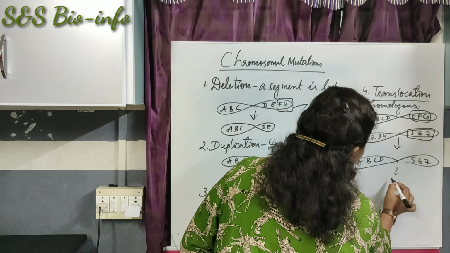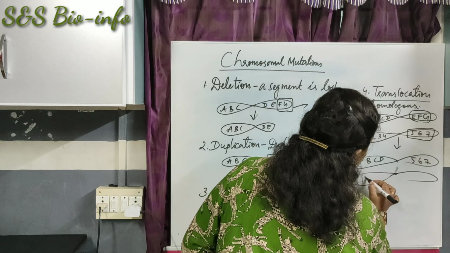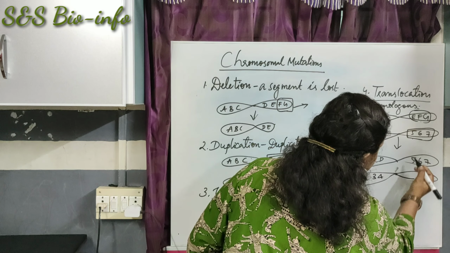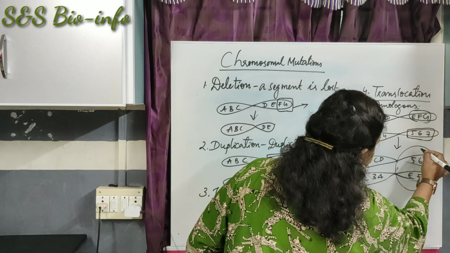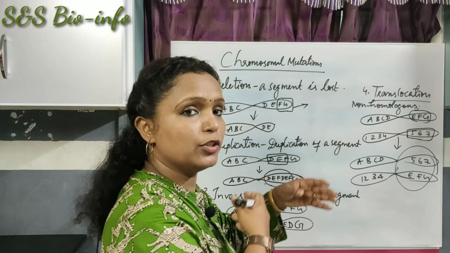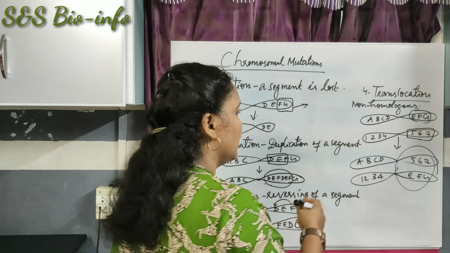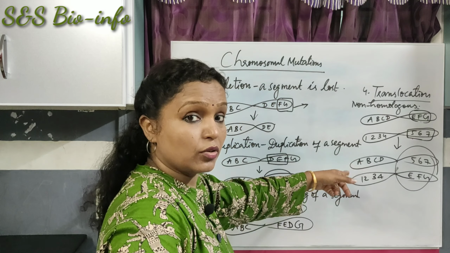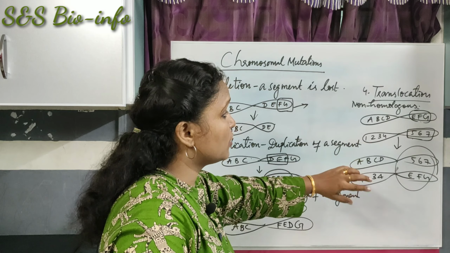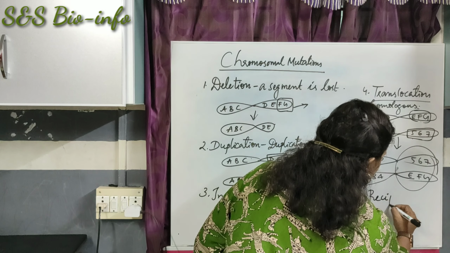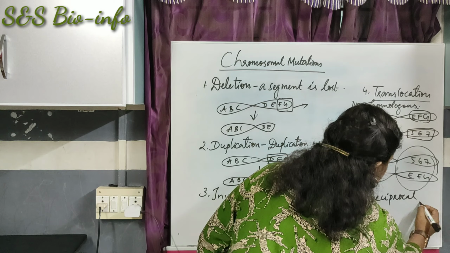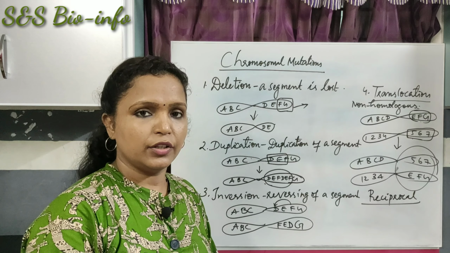Then the next chromosome 1, 2, 3, 4, E, F, G. As it is exchanged between the non-homologous chromosomes, this type of translocation is also known as reciprocal translocation. Did you get it?